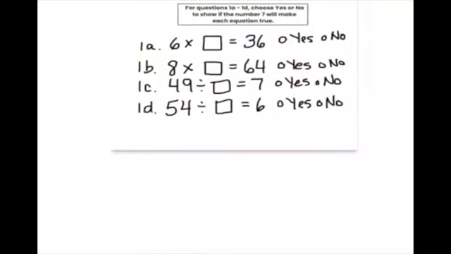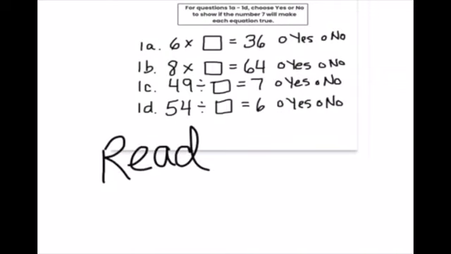This question today is going to be an M-Step type question, and the M-Step is a big test that we are going to be taking in the spring of this year of 3rd grade. So once a week, I'm going to be having us do a practice math problem that will help prepare you for this. With this kind of question, we are going to read the question, just like what you should do when it's the actual M-Step.